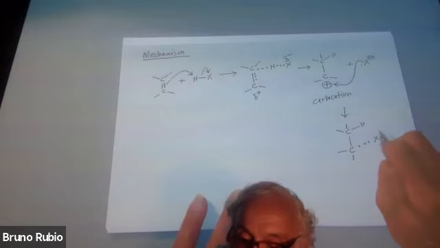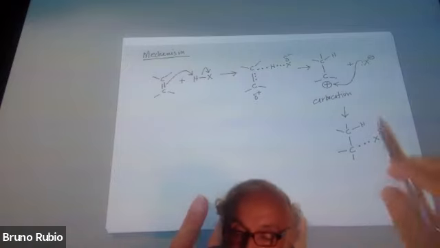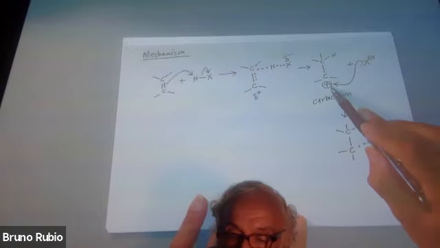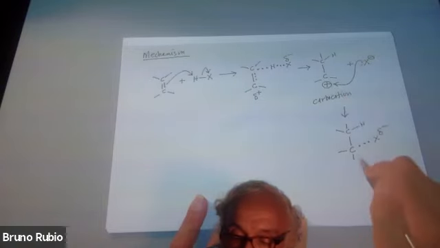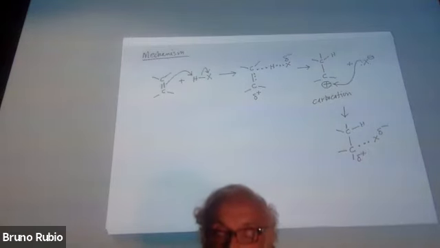So in the transition state, that X has a partial negative charge. That negative charge is going away. And this arrow shows that the positive charge on this carbocation is in the process of disappearing. So that carbon atom has a partial positive charge at the transition state.